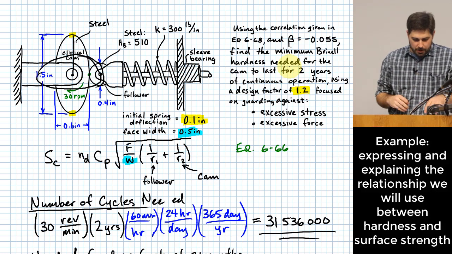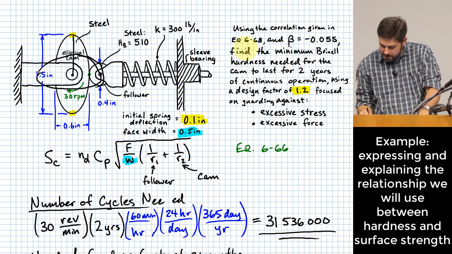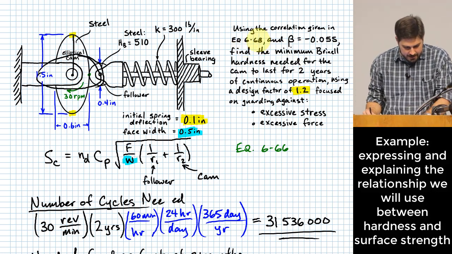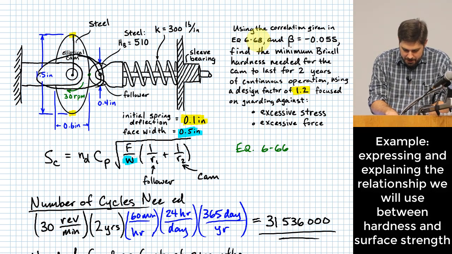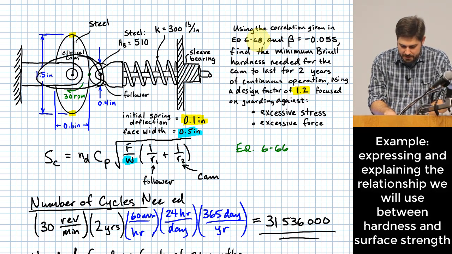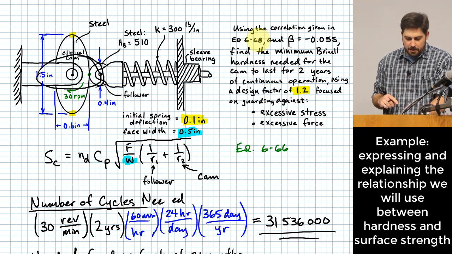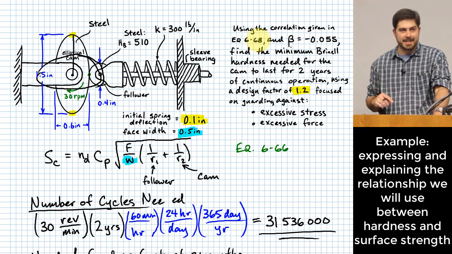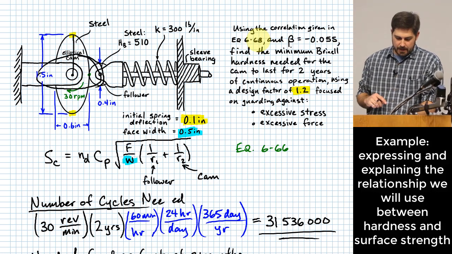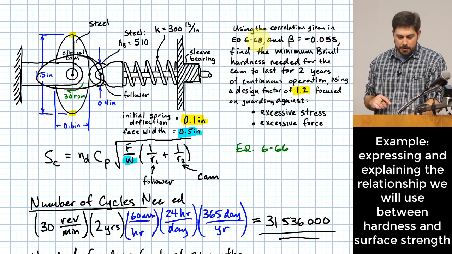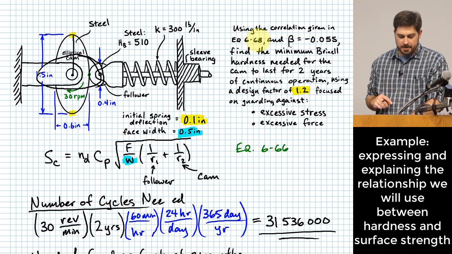Okay? So if you look down here, equation 668 is in approximately the middle of the page. And in the U.S. system of units, it says that your surface strength value at 10 to the 8th cycles is going to be given by 0.4 times your Brinell hardness minus 10 KSI.